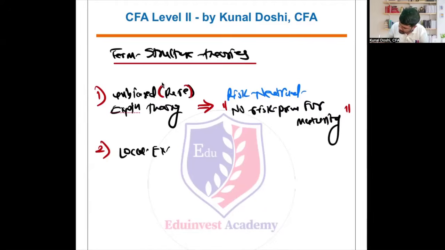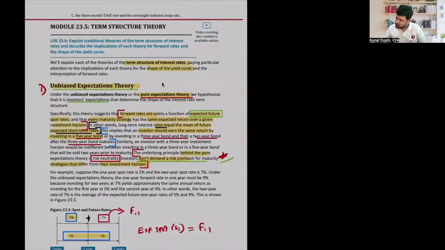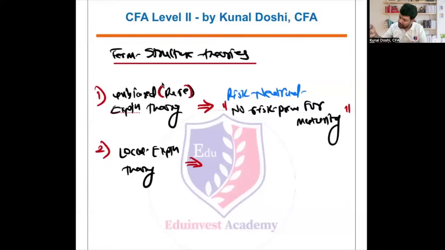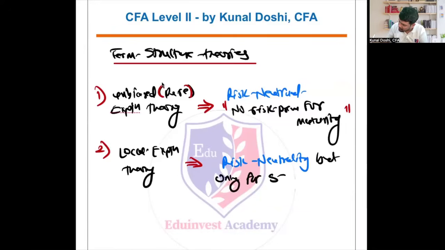Local expectation theory. Now, what does this theory say and how is it different from the unbiased expectation theory? It does preserve the risk neutrality, but only for the short term. So yes, this also assumes risk neutrality, but only for the short term.